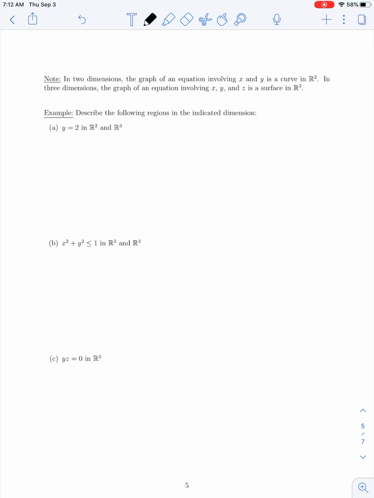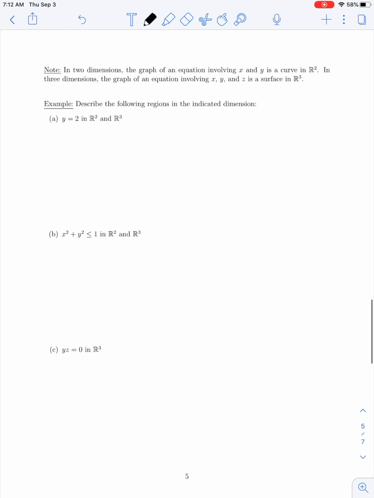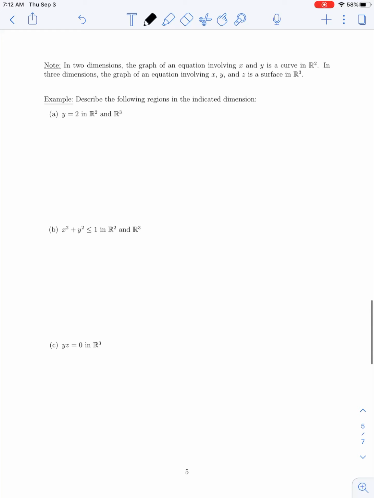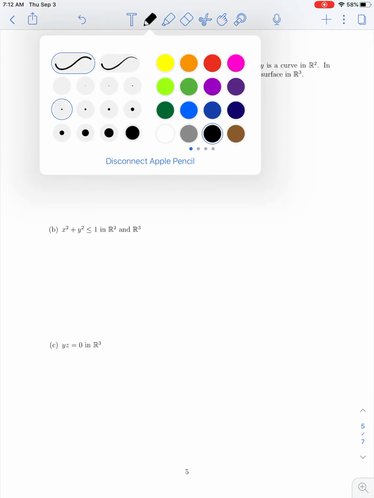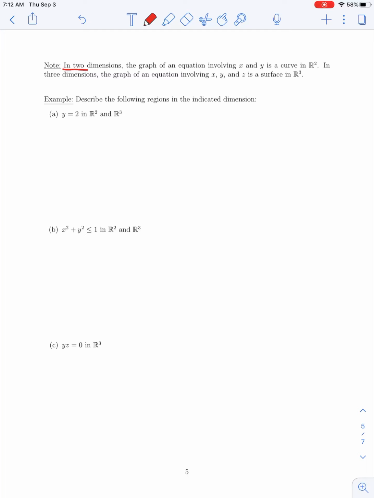So the last thing that we'll talk about for today's lecture is looking at some simple graphs of equations in 3 dimensions instead of in 2 dimensions. Let's start by making note of something. We know that in 2 dimensions, the graph of some equation involving the 2 variables x and y is some curve in R2, so a curve through the plane.